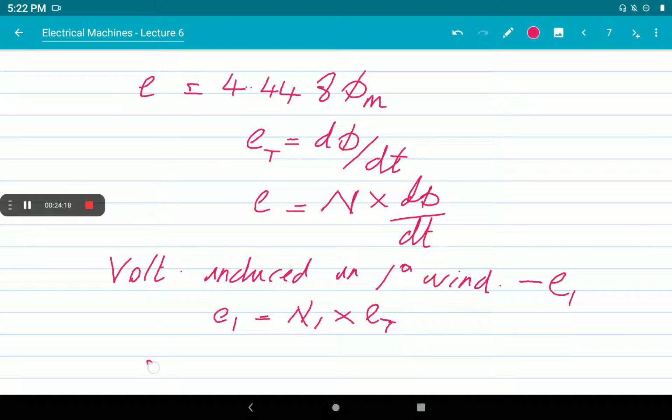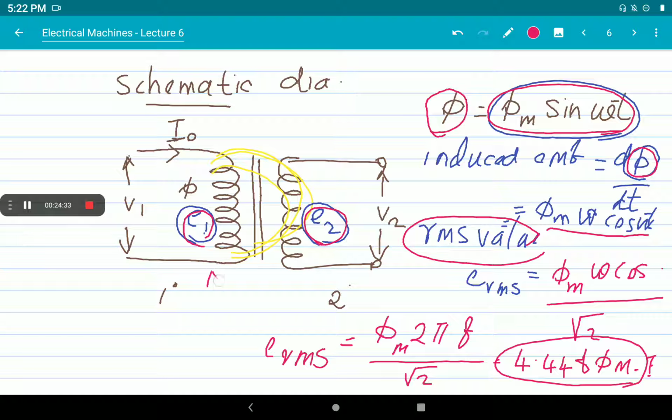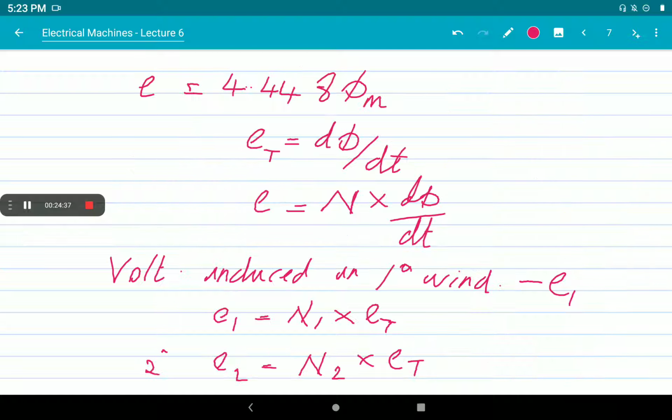If the voltage induced in the secondary is considered, E2 is equal to N2 into ET, where N2 is the number of turns in the secondary. So E1 is equal to ET into N1, and the voltage induced in the secondary winding is E2 equal to ET into N2.